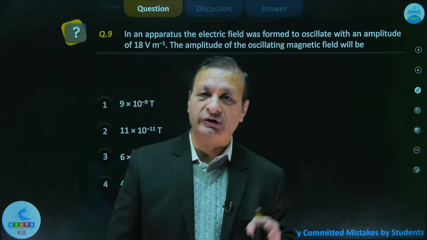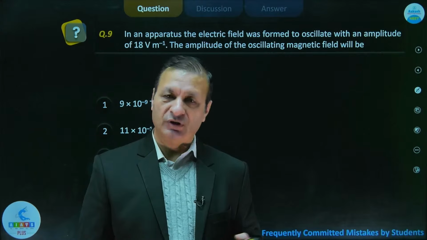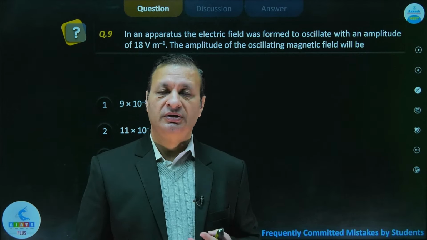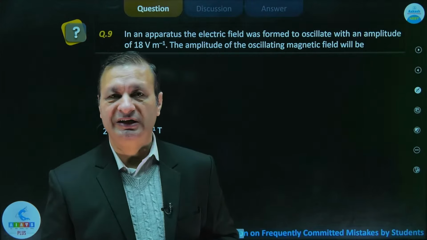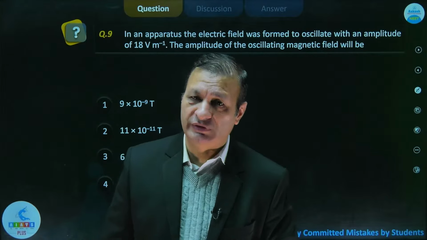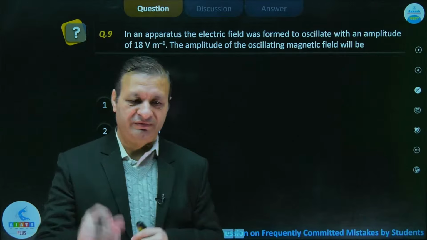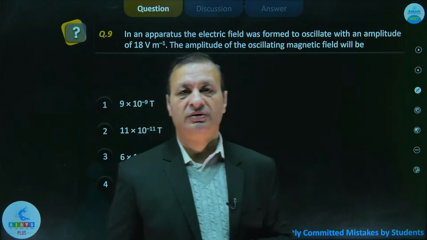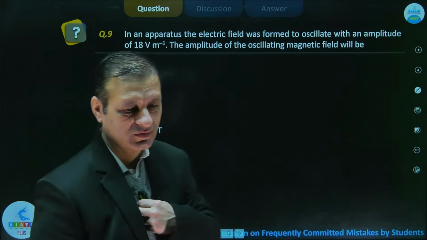Oscillating means time varying. So when you have a time varying oscillating electric field and simultaneously a time varying magnetic field, it means we are talking about an EM wave. Got it or not?